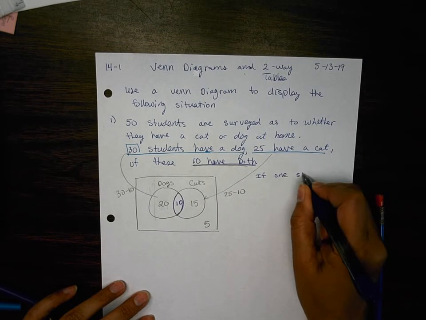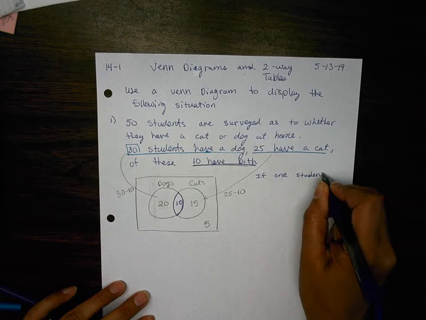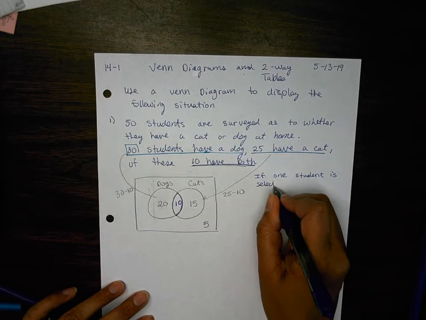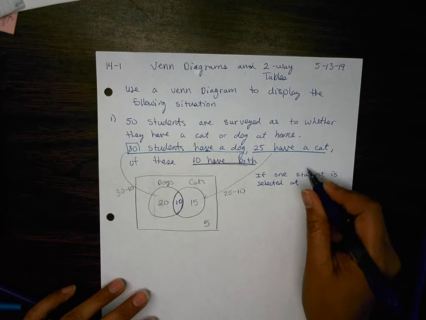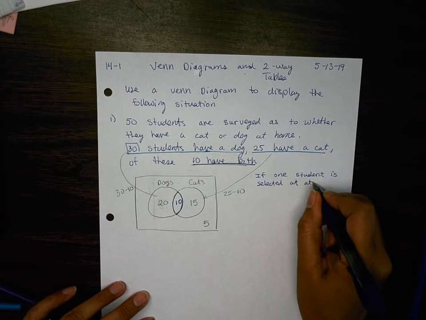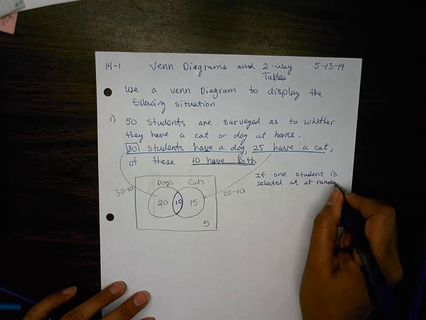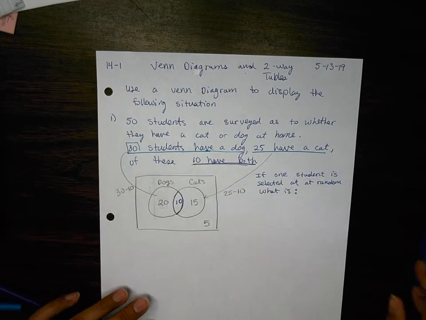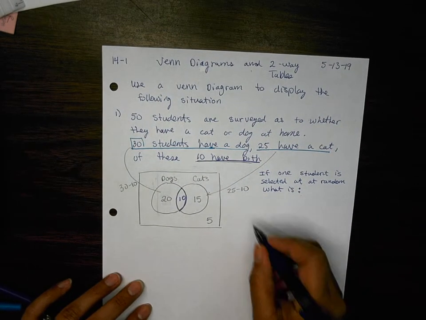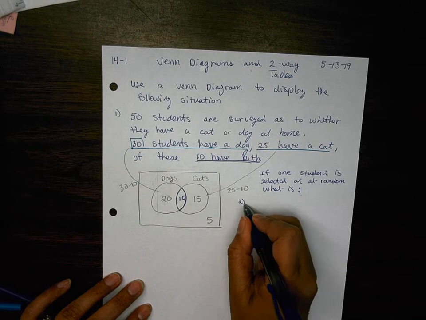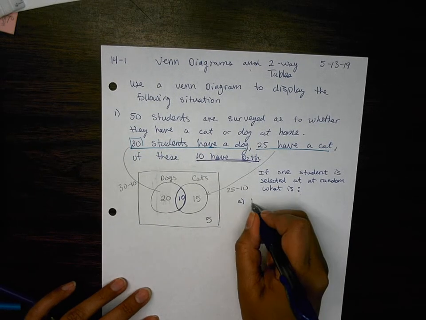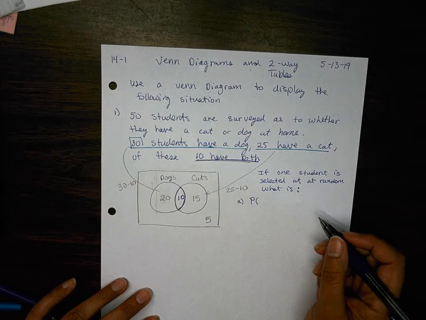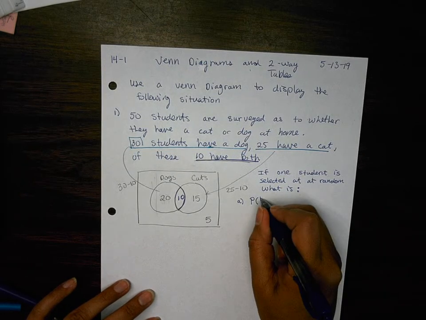Let's write this down over here. If one student is selected at random, what is... Okay, question A. I'm going to put P for probability.